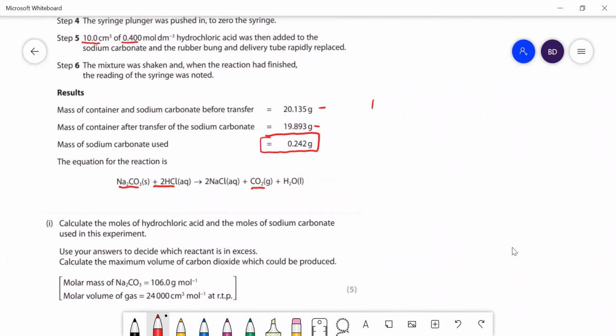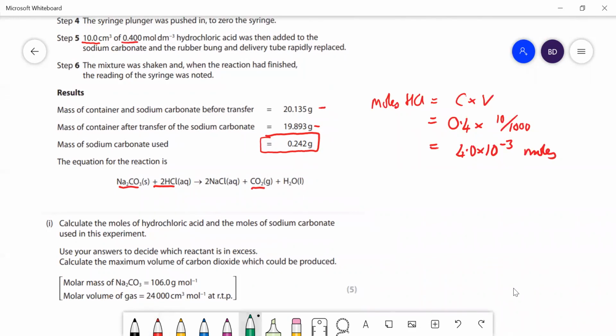So moles HCl is equal to the concentration times the volume. The concentration is 0.4 and the volume is 10 centimeters cubed, so 10 over 1,000 dm cubed. That gives us 4 times 10 to the minus 3 moles of HCl.